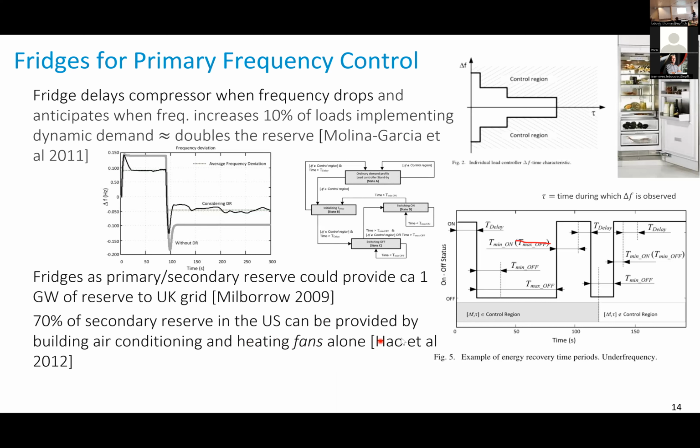So one study was done that concluded to the fact that 70% of the secondary reserve in the US, that's the reserve in the US at that time, which was 10 years ago. Now the reserve in the US increases, so this percentage drops a bit, but could be provided by heating fans alone.